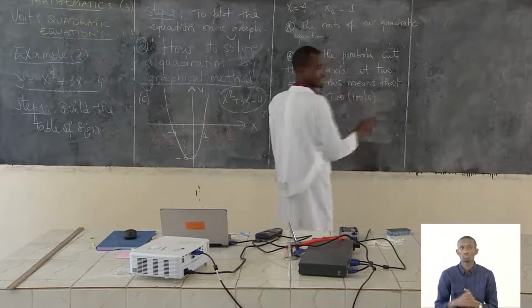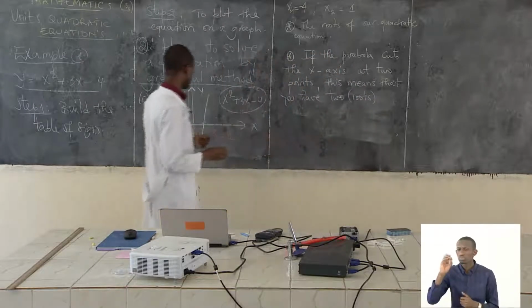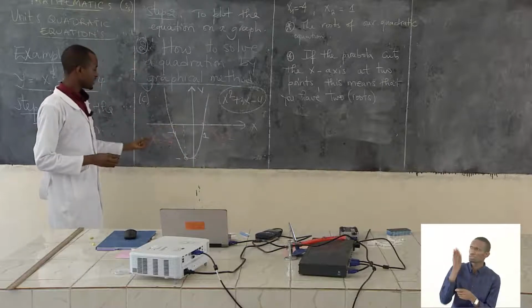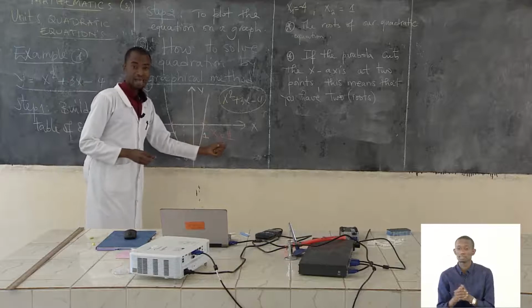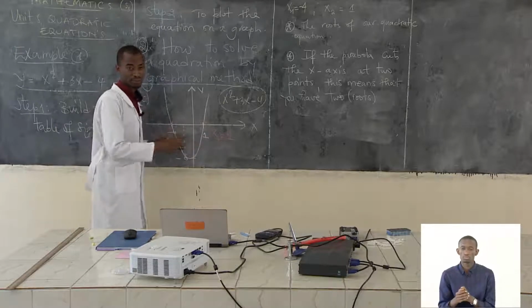As you can see from this graph, somewhere x was -4 and the other one where x was at 1. These are the roots.